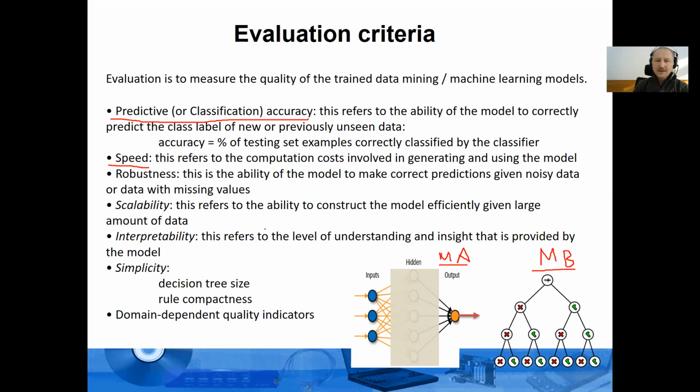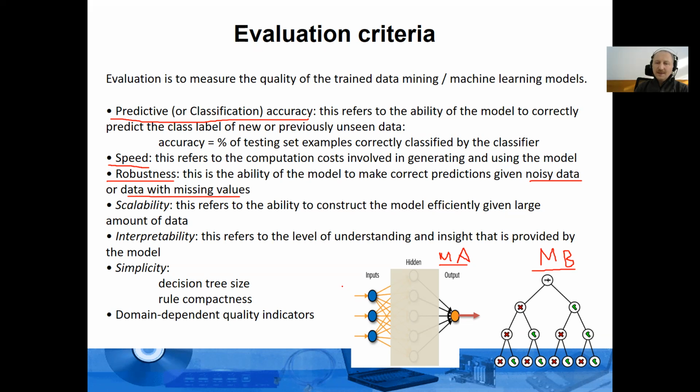By means of speed, you can evaluate which model is better, or by means of robustness. Robustness means that if in your data set there is some noisy data or some missing data, how does your machine learning or data mining model respond to that noisy or missing data?